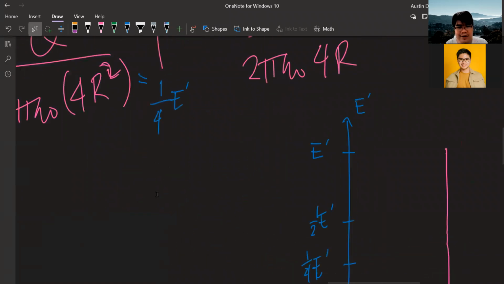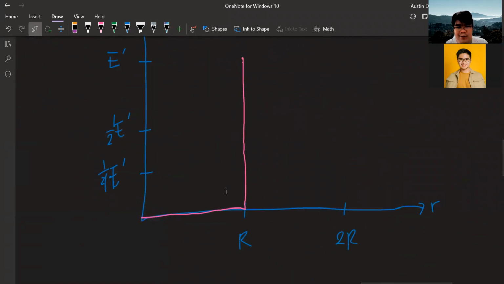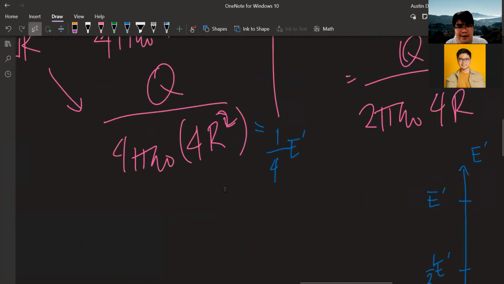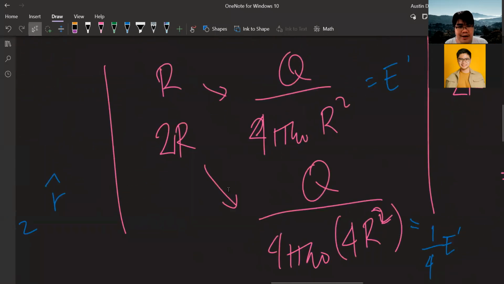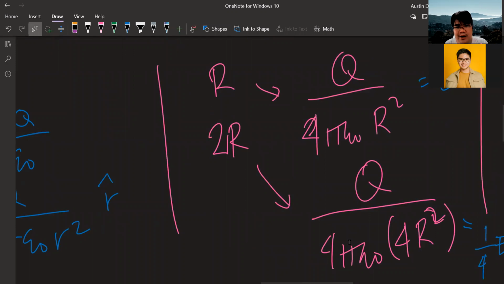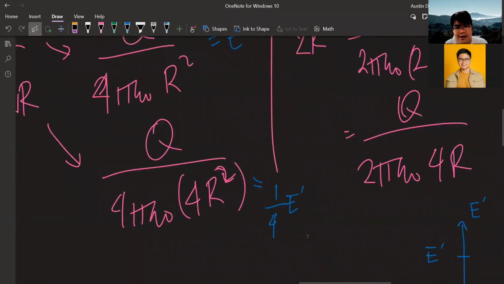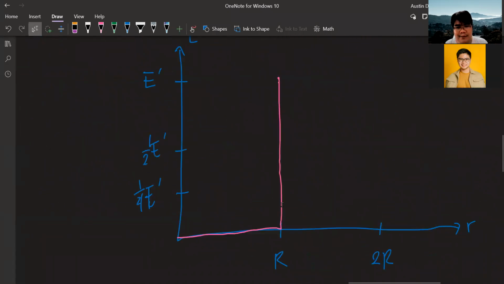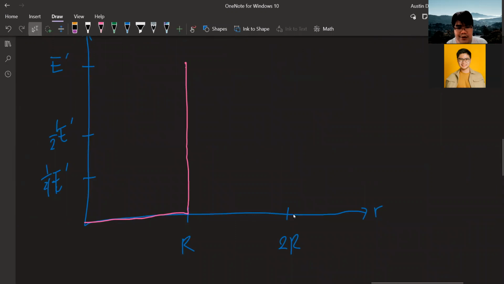Okay, so lagyan muna natin tuldok pagdating ng 2R. So pagdating ng 2R, ito pa rin yung ginagamit natin. Then, pupunta pala siya sa 1/4 E prime. Okay, so tutuldokan ko muna 1/4 E prime. Madali. Then, this is decreasing kasi 1 over R squared.